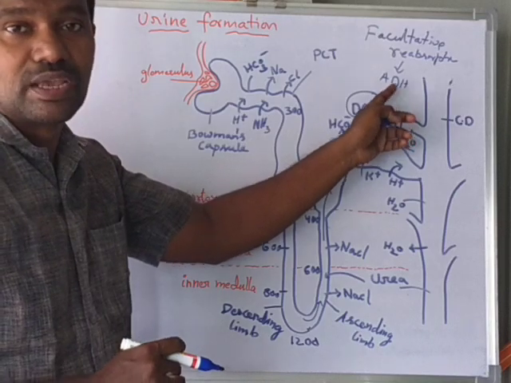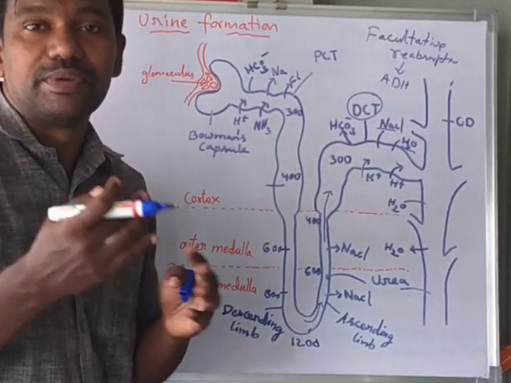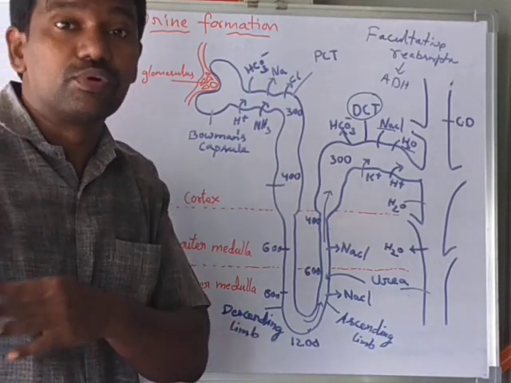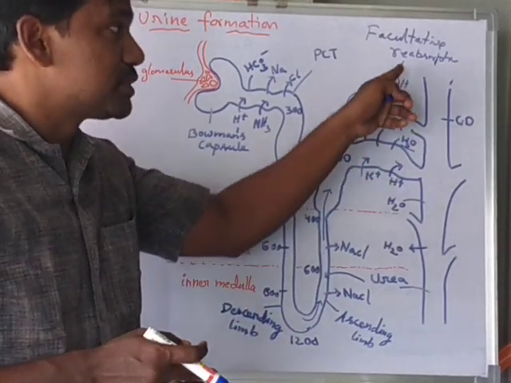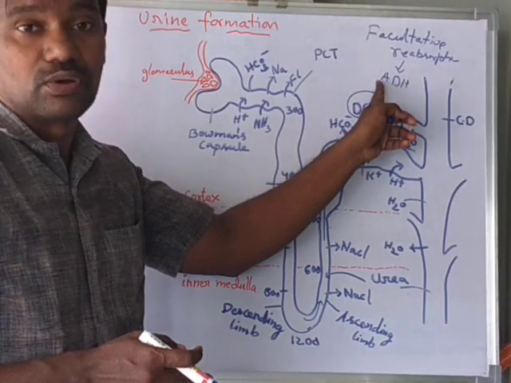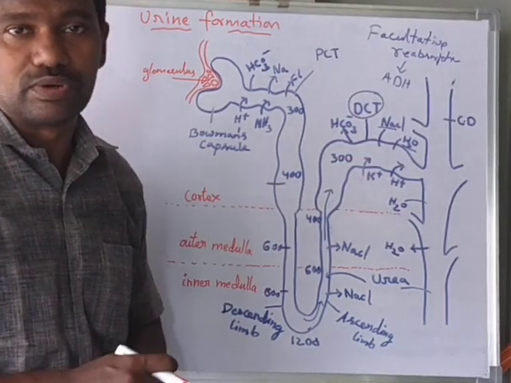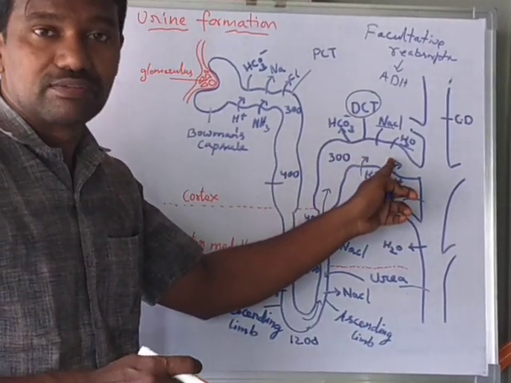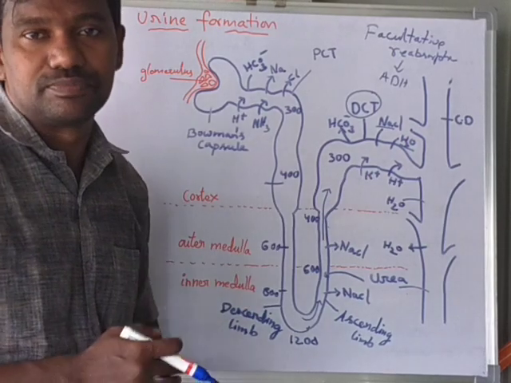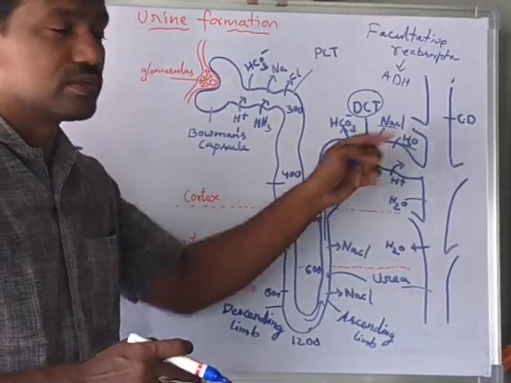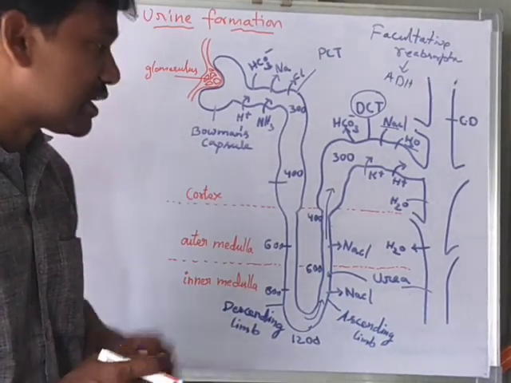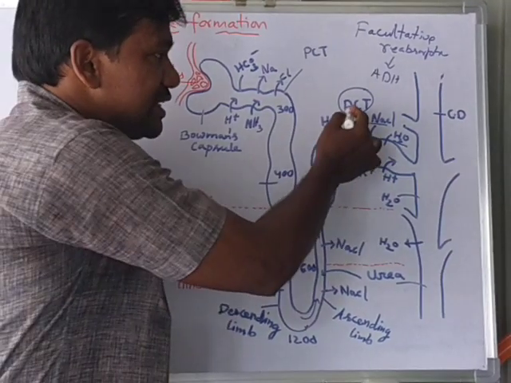Diuresis means a lot of water is sent out through the urine, but this hormone stops that. That's why it is called antidiuretic hormone. Here the water will be reabsorbed, and sodium chloride is also reabsorbed.